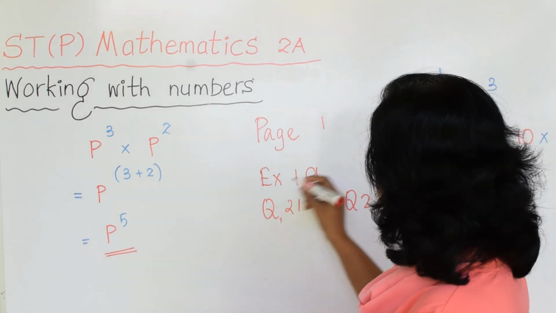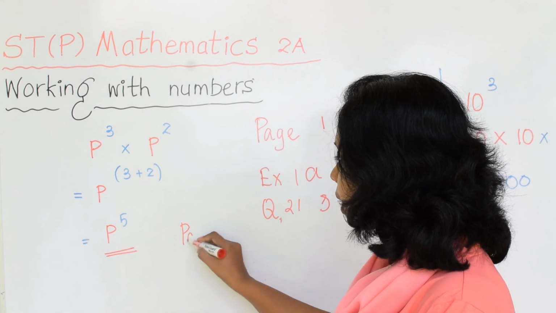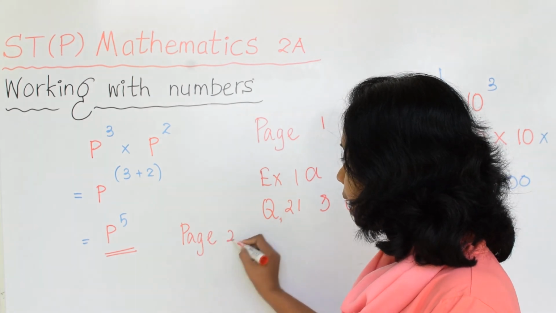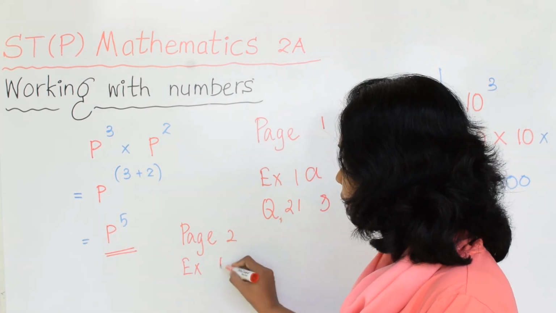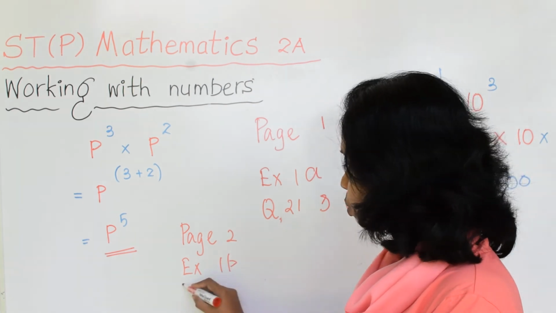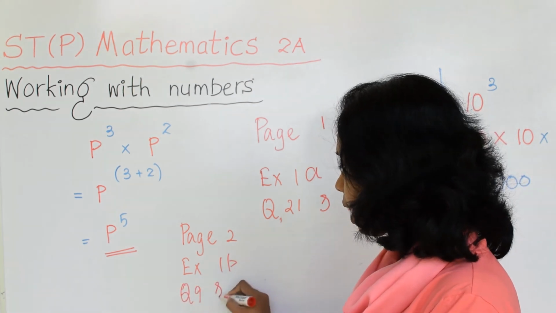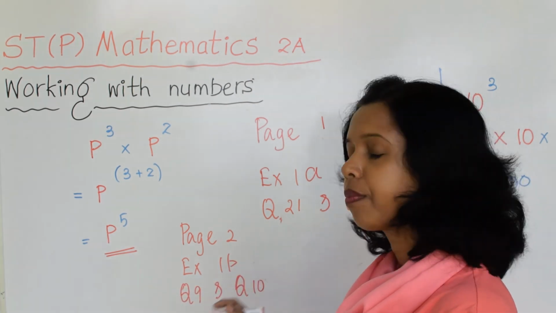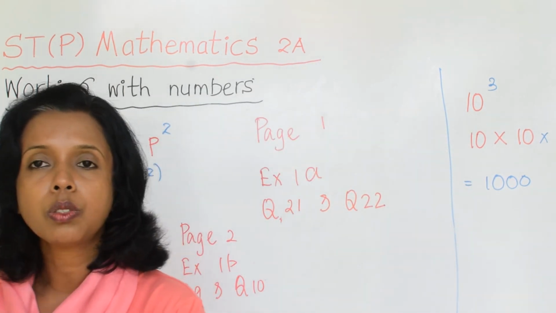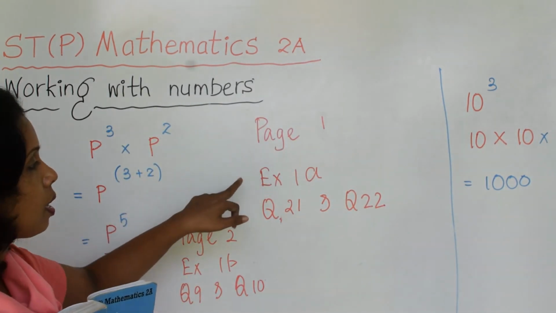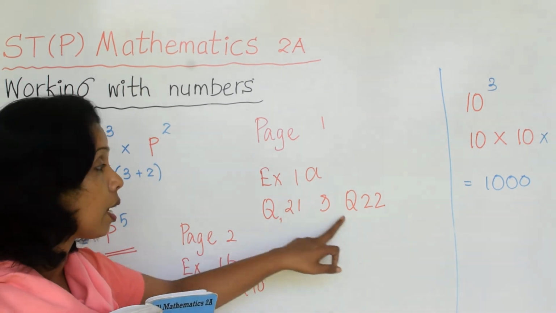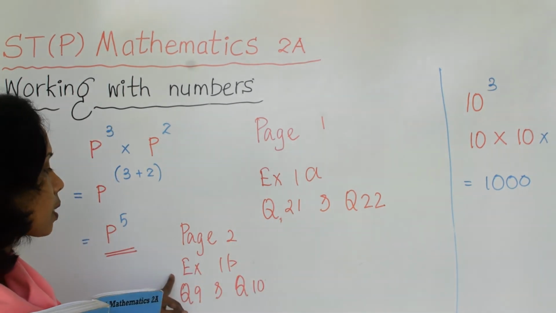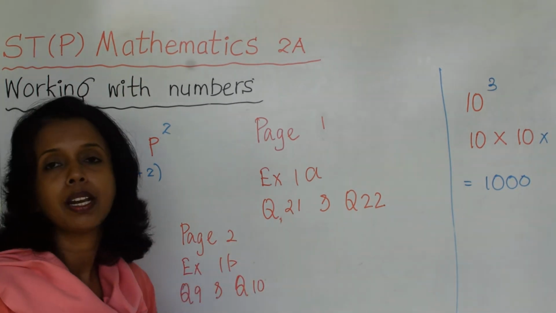Then page number 2, exercise 1B, you want to do question number 9 and question number 10. You can practice those 4 questions: page 1, exercise 1A, questions 21 and 22, and page 2, exercise 1B, questions 9 and 10.